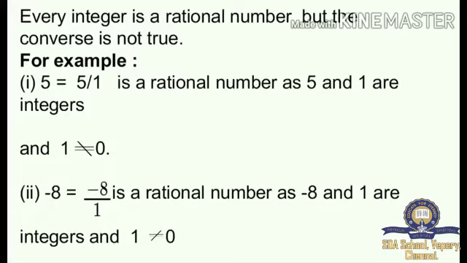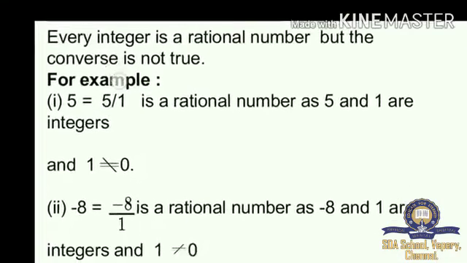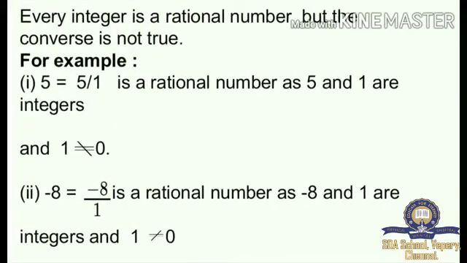We should assume that the denominator is always carrying 1. Okay, 5 divided by 1 is a rational number, as 5 and 1 are integers, right? And 1 is not equal to 0, so it is called a rational number.